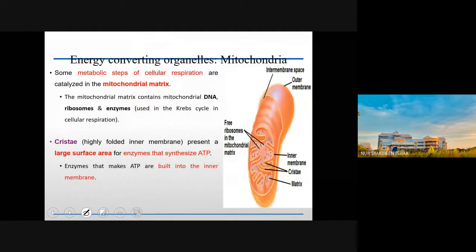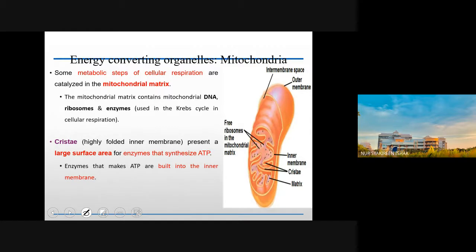Okay, so energy converting organelles, which is mitochondria. It says here some metabolic steps of cellular respiration are catalyzed in the mitochondrial matrix. The mitochondrial matrix contains DNA, ribosomes, and enzymes, which are used during Krebs cycle in cellular respiration.